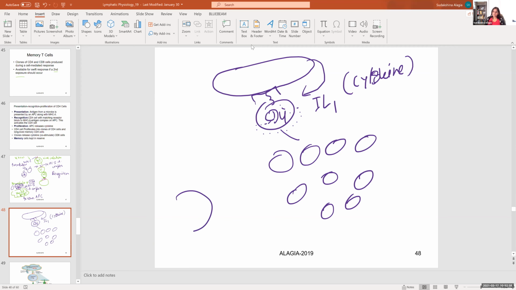So while we have this nucleated cell with the CD8 waiting, basically these CD4 clones will travel, and wherever they find the CD8, they would bind to the CD8. Two things can happen.